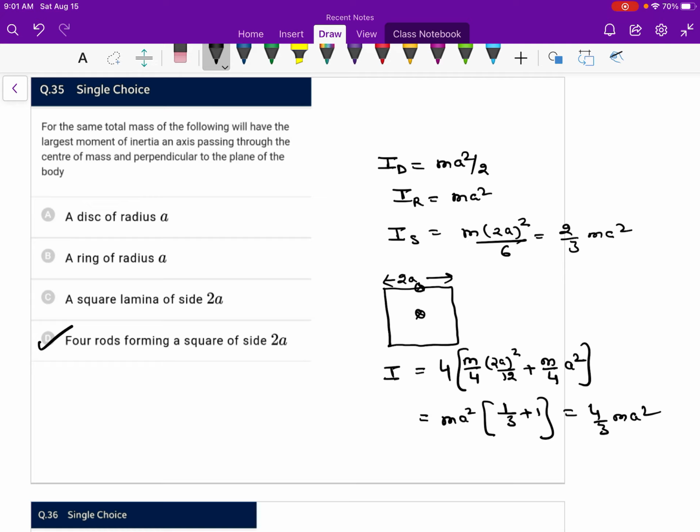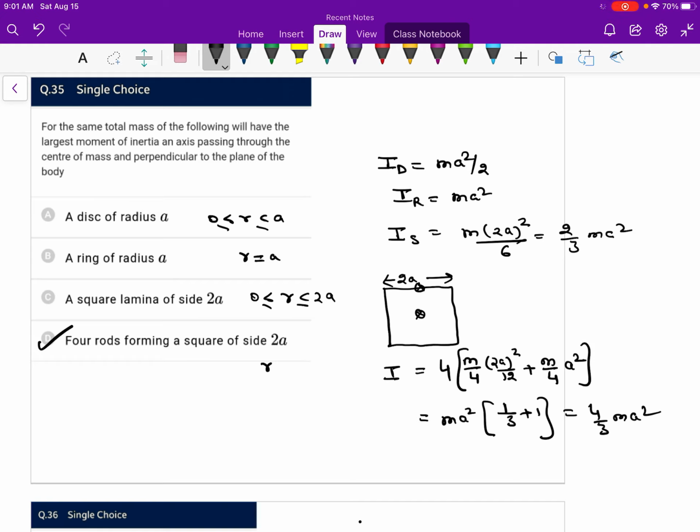Else we can see that in D option the entire mass is located between the distance a and root 2a. In disk the distance of particle is between 0 to a. In ring distance of the particle is a only, and for square lamina distance is between 0 to 2a.